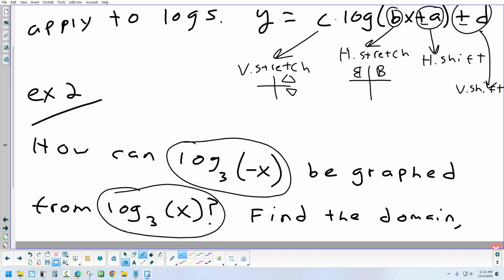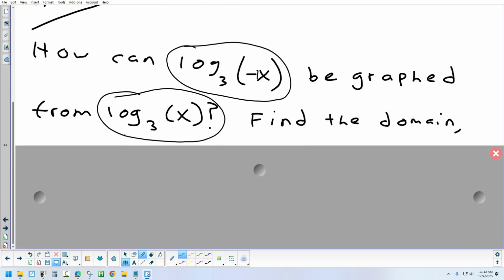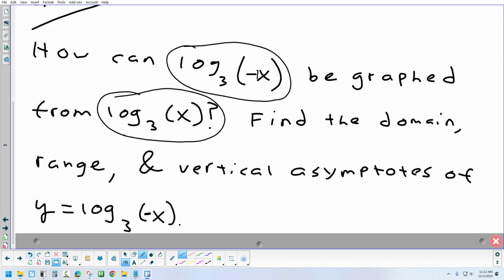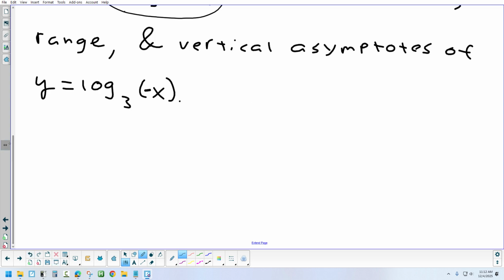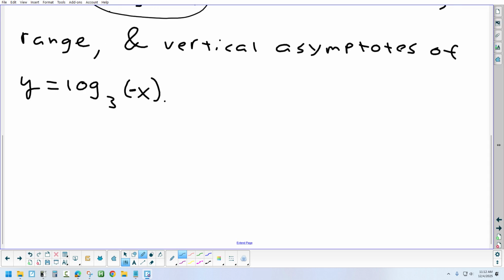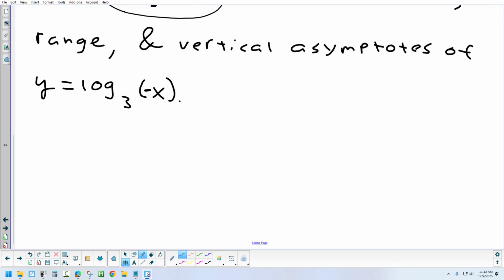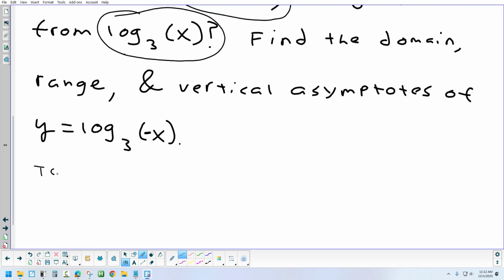There's only one transformation there. It's like having a -1 in front of the x. That's the only thing you're doing. Okay, so we'll describe the transformation, and then we'll find the domain, the range, and the asymptotes. So let's start out with describing the transformation. All right, so to graph.